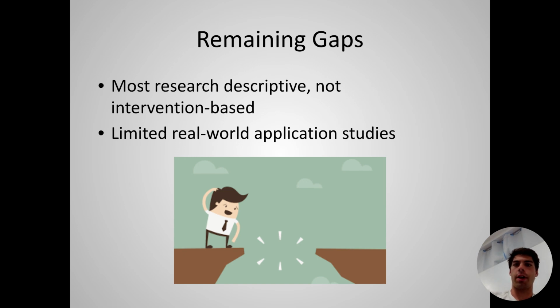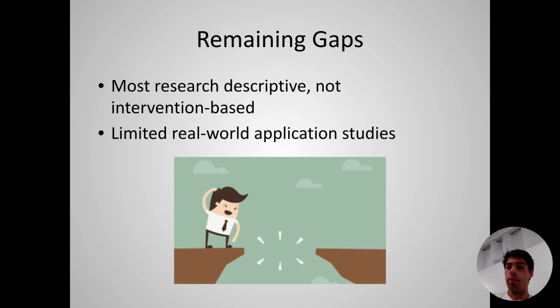So a lot of the studies that have been done are research descriptive. They just look at what is going on and discuss what's going on, not actually changing things that intensely to try and promote increased motor skill development in individuals with autism spectrum disorder.